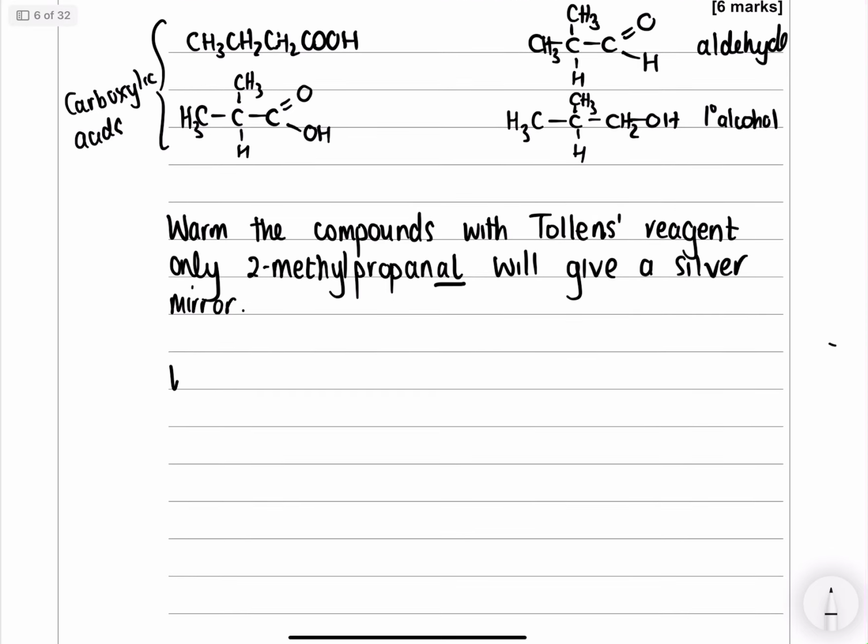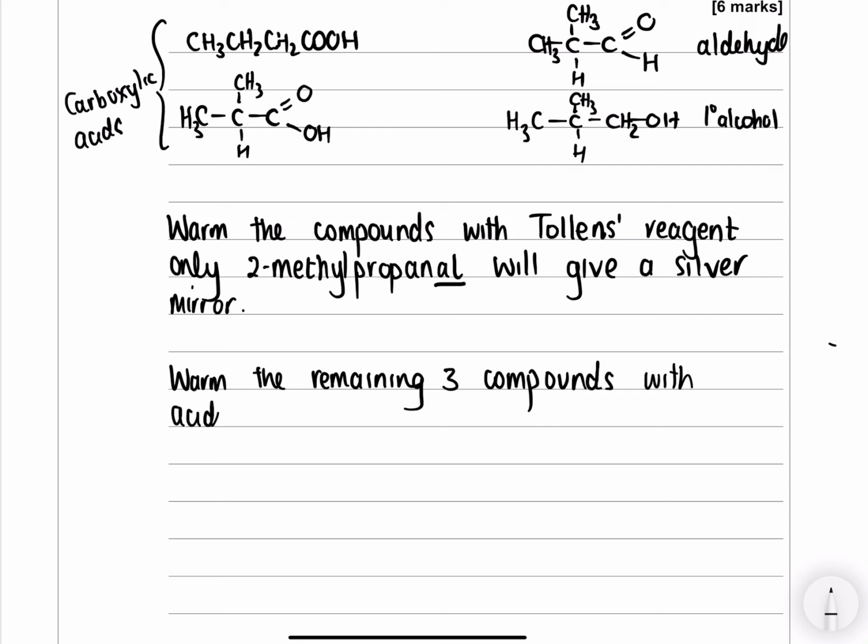Then warm the remaining 3 compounds with acidified potassium dichromate. That's K2Cr2O7 and H2SO4.